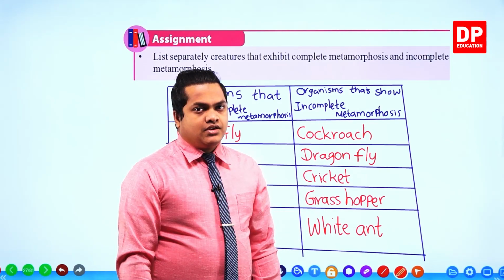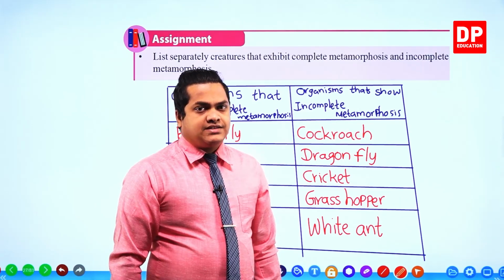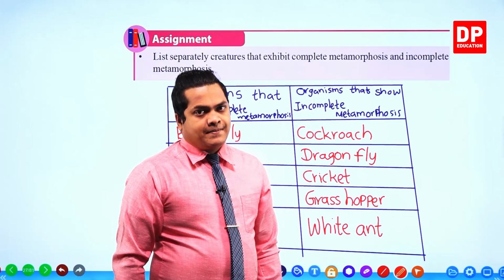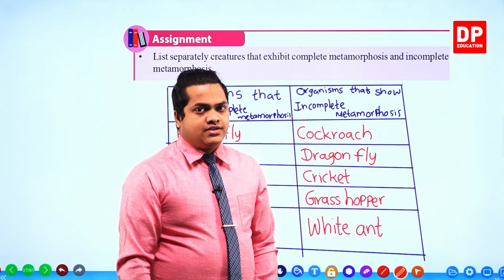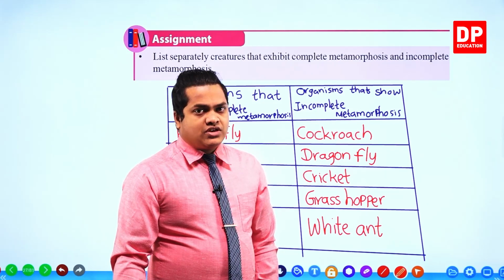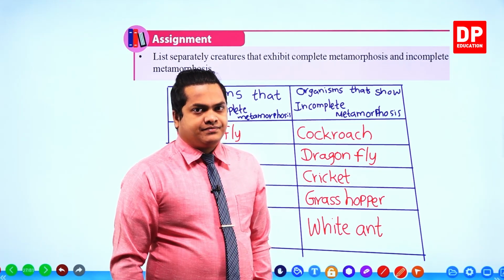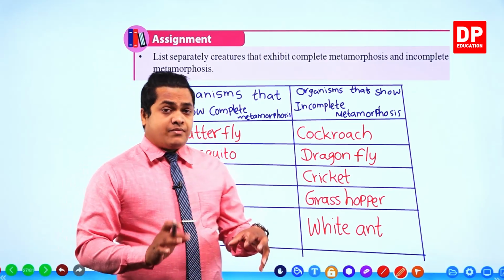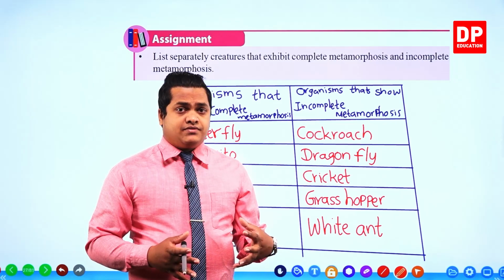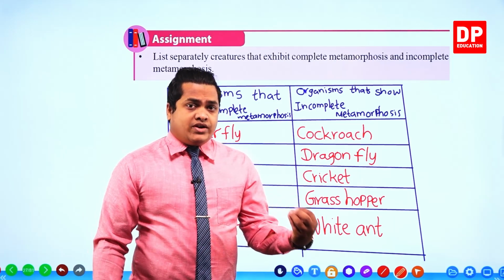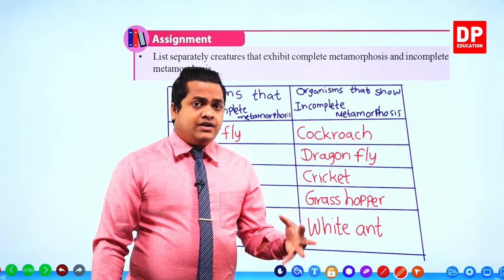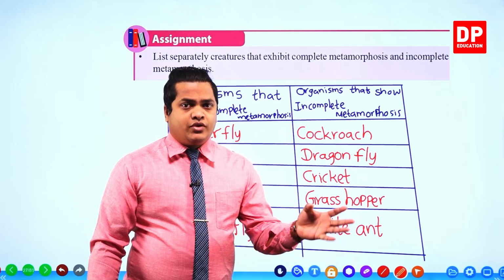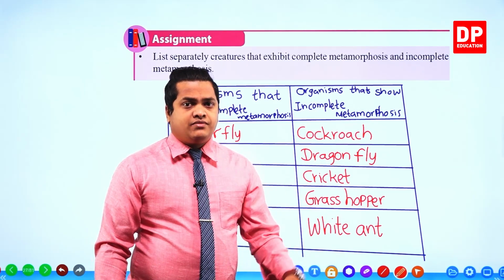Therefore this is referred to as incomplete metamorphosis. Their body structure and morphological features are similar. However, within complete metamorphosis, dramatic changes can be observed. By looking at one stage of the life cycle, we can't directly say what kind of organism it is going to be in the future.